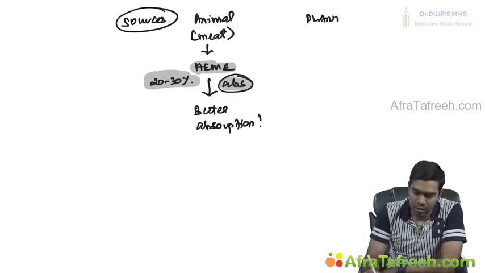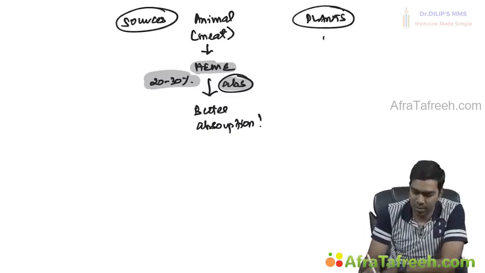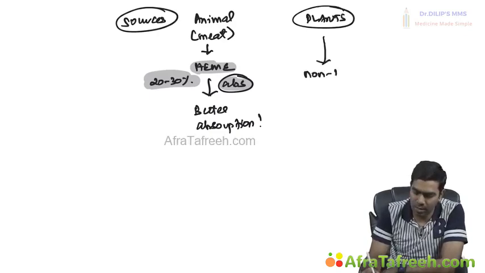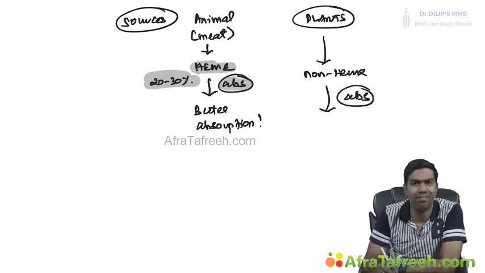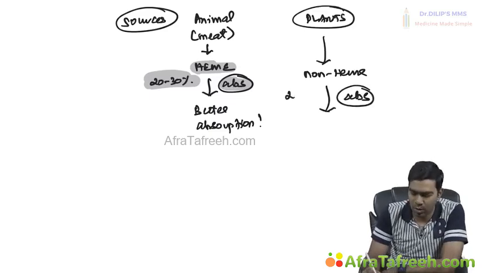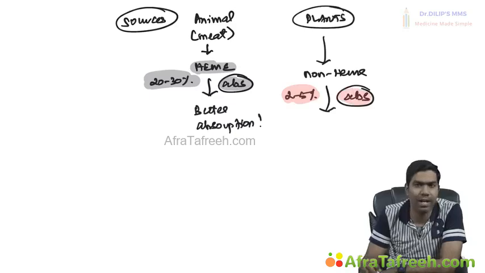Then you have the plant sources. Plant sources typically have non-heme iron. The absorption of non-heme iron is very poor. Only 2 to 5% of non-heme iron will be absorbed, which is very little.